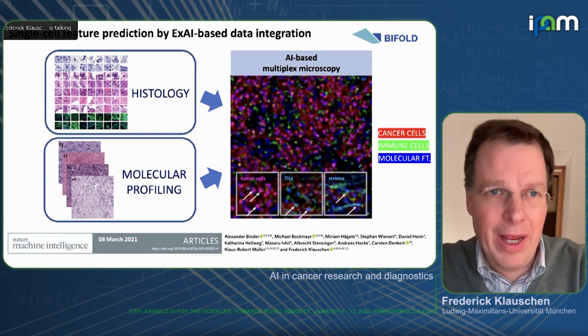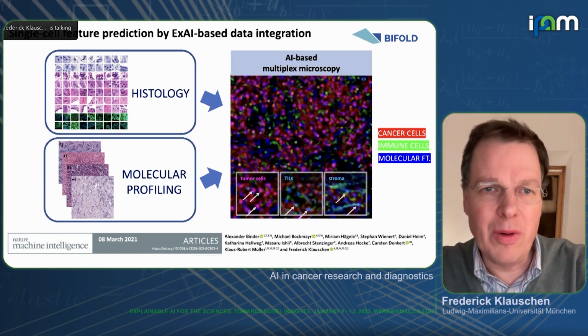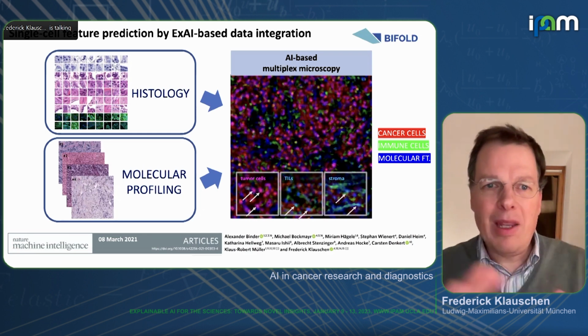Apart from just applying this to morphological image-based analysis to identify certain objects, you can also now combine the object detection approach by explainable AI with a molecular profiling approach, where you normally have only bulk information.